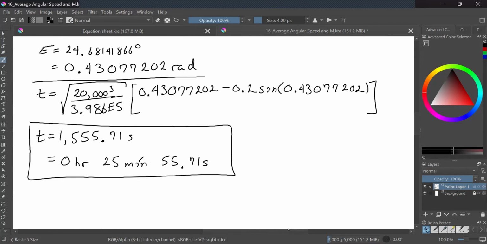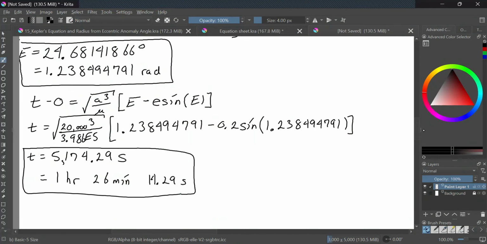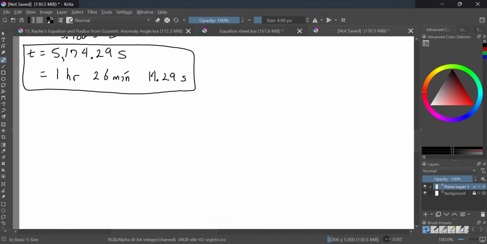Here we go. And finally, we take a look at our average angular speed, which is, as a reminder, mu by a cubed. That becomes 3.986 times 10 to the 5th over 20,000 cubed.